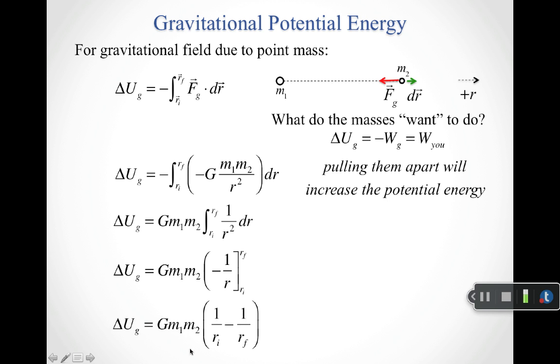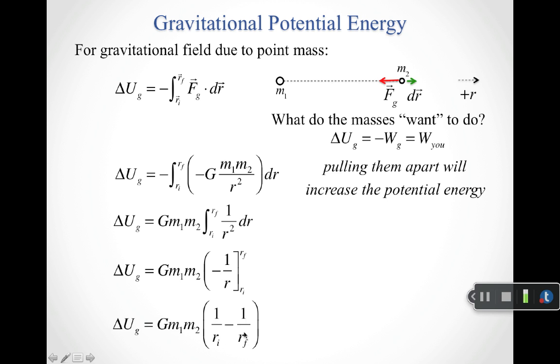So this is what I end up getting: the change in the gravitational potential energy is equal to big G times the product of my masses, times this term, 1 over the initial position minus 1 over the final. And if this looks backwards, it is backwards because of this minus sign. So this minus sign being here sort of flipped around, and the initial comes first and the final goes last.